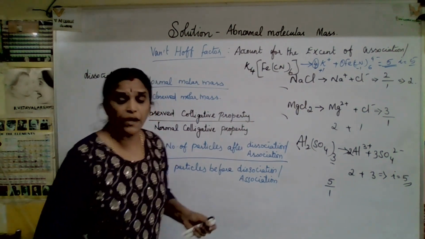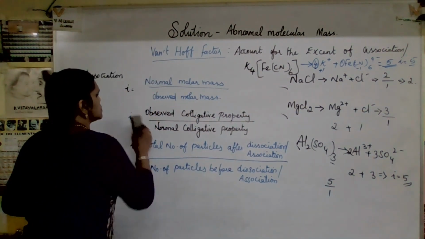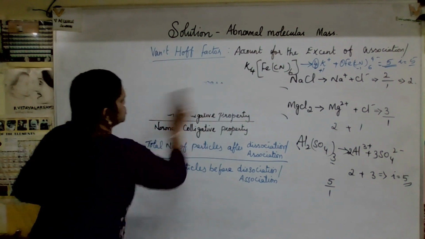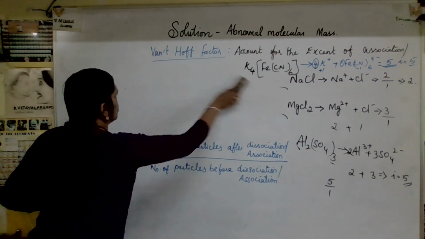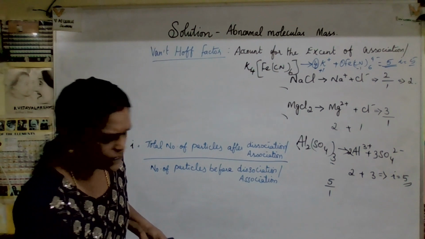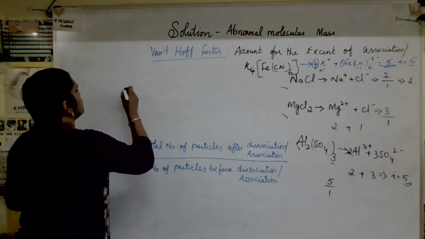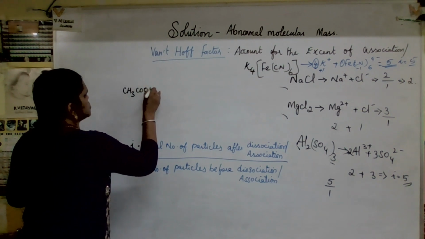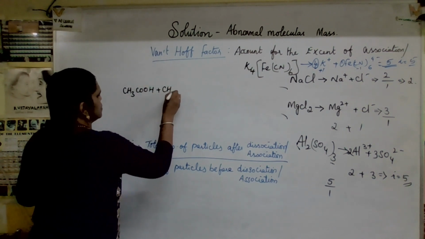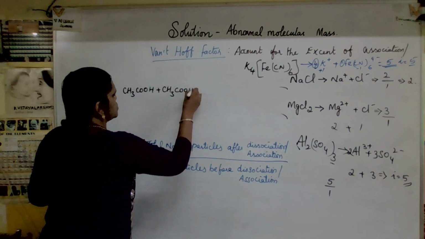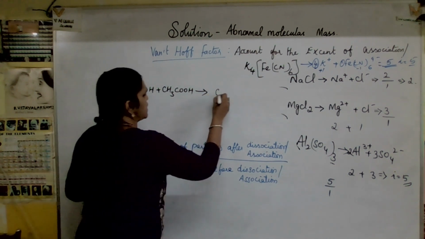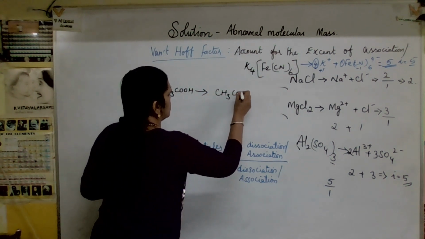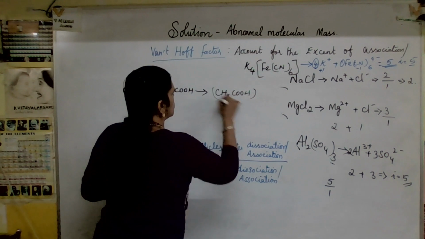Now for example, association. Dissociation we have gone through. Association means CH3COOH plus CH3COOH combine together to form (CH3COOH) twice.